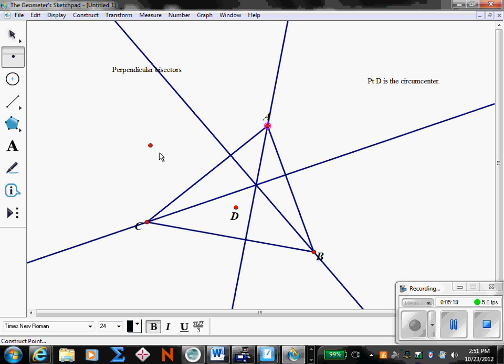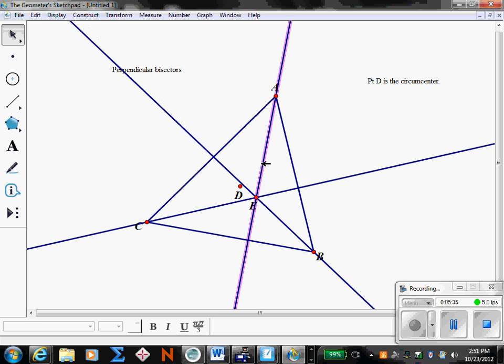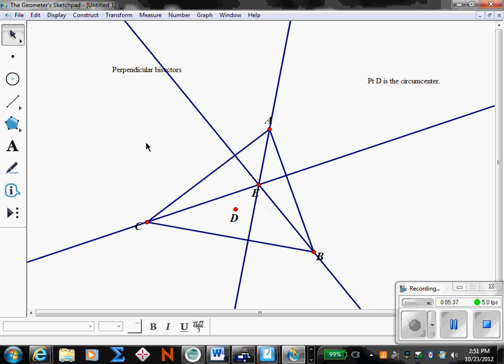I am going to call the intersection point point A, or point E, sorry. Okay, and this point is going to be called the orthocenter.